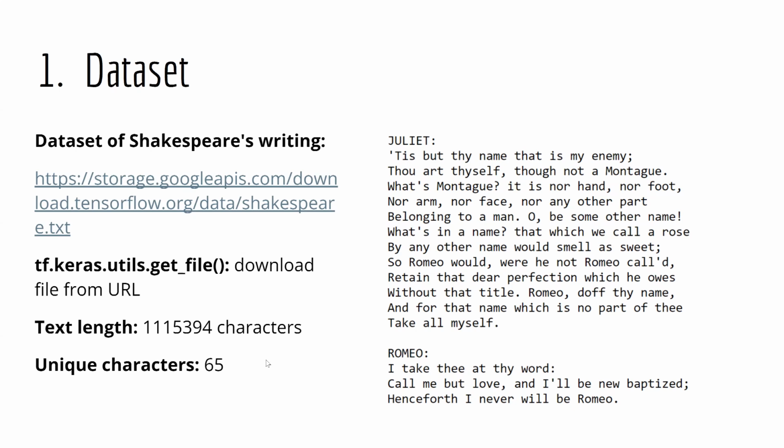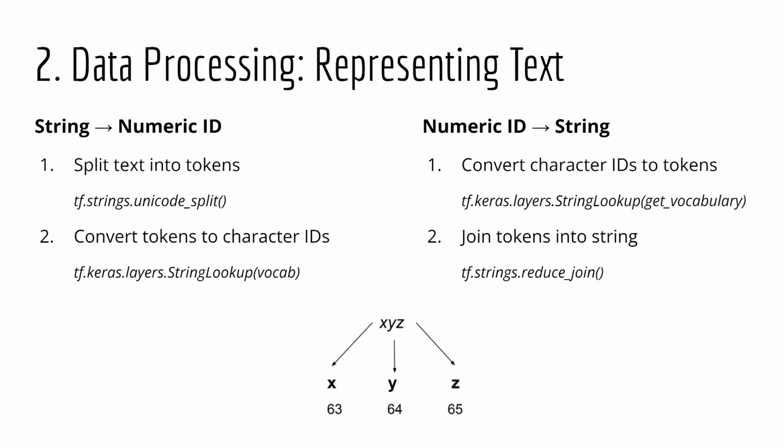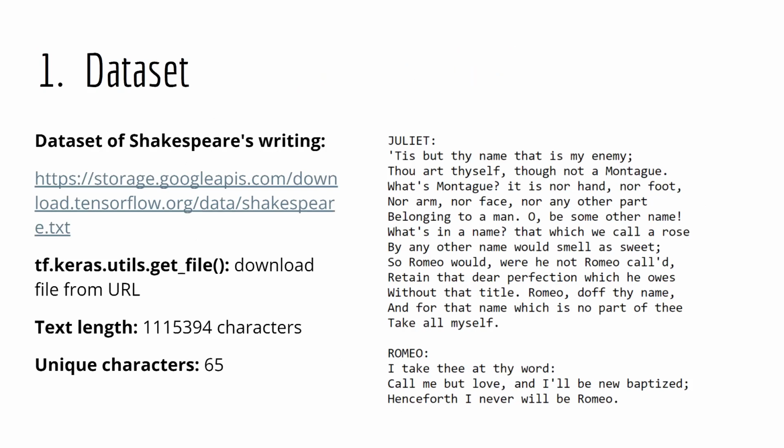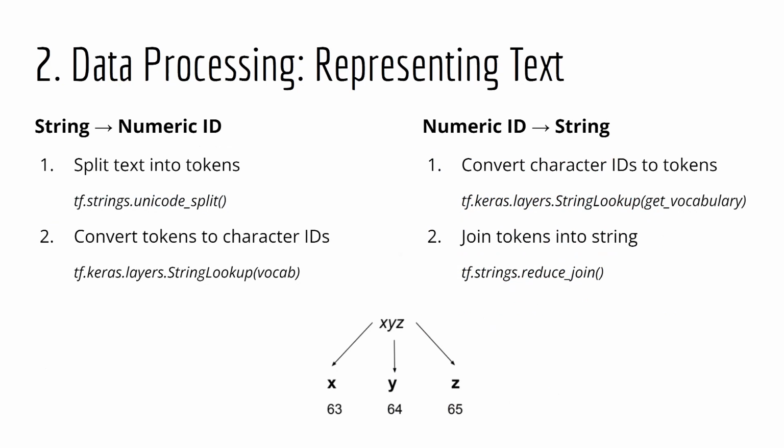As a possible way of assigning the IDs to the characters, you can do maybe A is 1, B is 2, etc. And then at the end, you have a number that corresponds to each of the characters. Because if you just have X, Y, and Z, it's a string, so it's kind of hard to do math on it. If you convert it into IDs that correspond to the characters, it makes it easier for the model to understand.